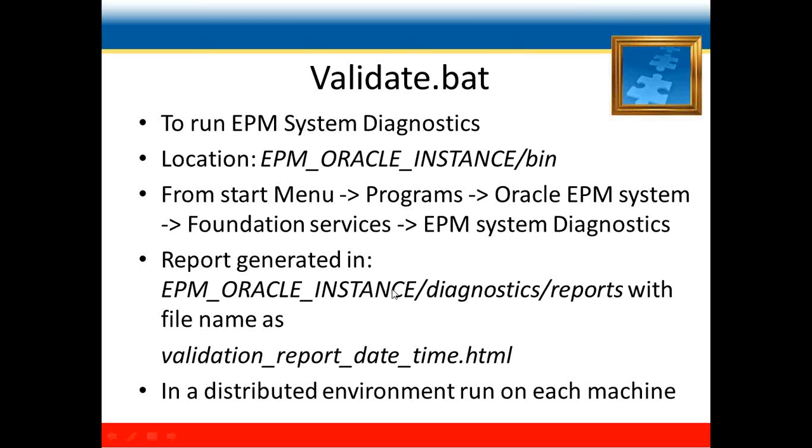By default it will have a file name such as validation_report with a timestamp. It is recommended that in a distributed environment, this utility should be run on each machine, so that we come to know whether the distributed configuration or deployment that we have done for our environment has gone the correct way or not.